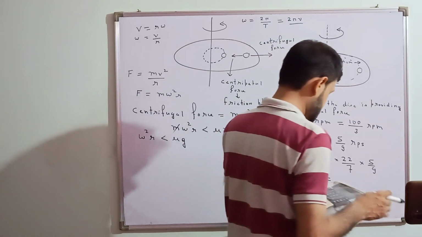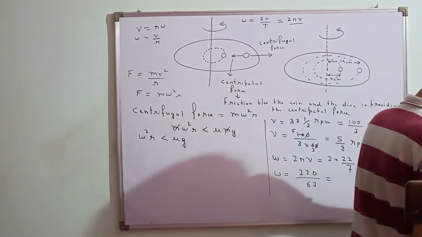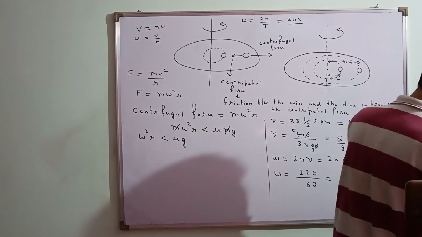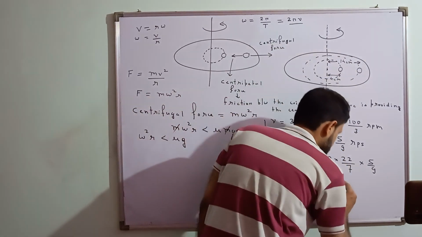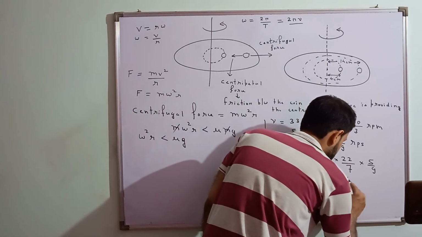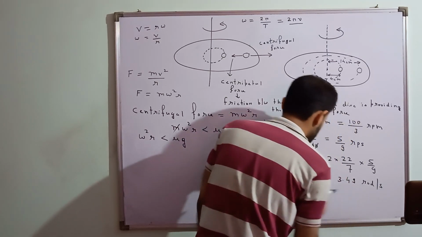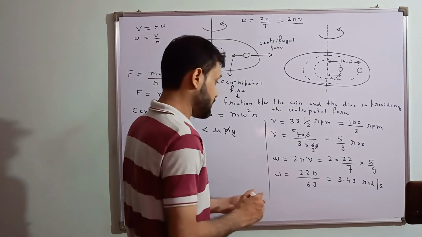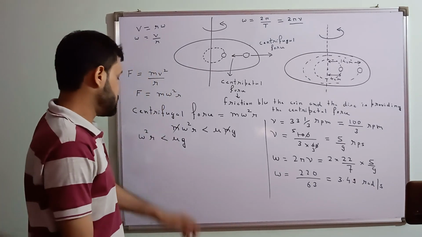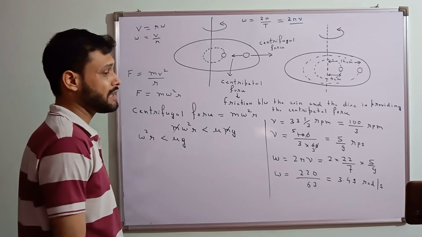How much are we getting? We are getting 3.49. Either we can solve it or we can keep it like this also. So I am getting 3.49 radian per second. This is the unit for omega, angle divided by time. So now this is what you have got till now.